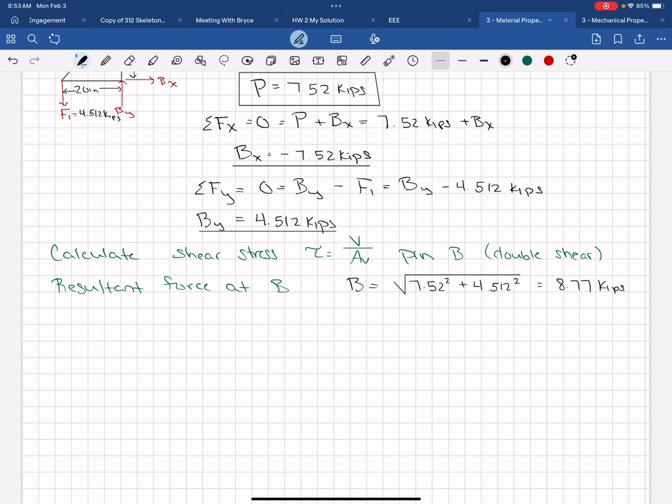Okay, now we need the shear area. So we'll calculate the area of pin B. So this is cross-sectional area.